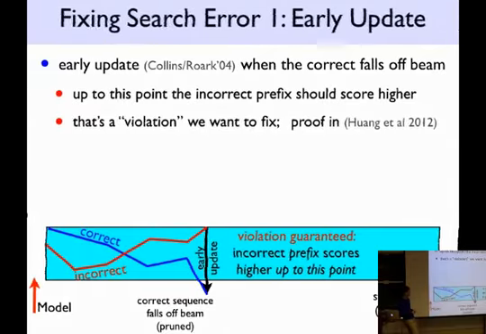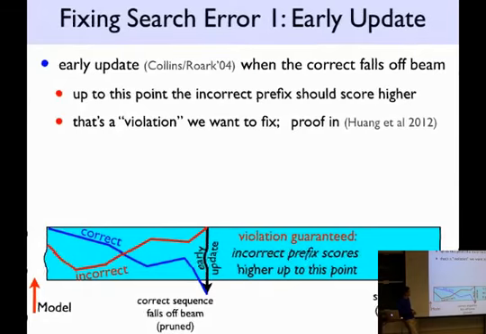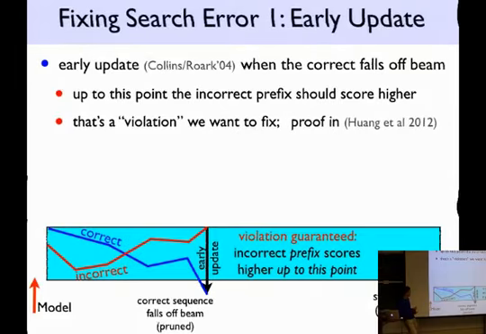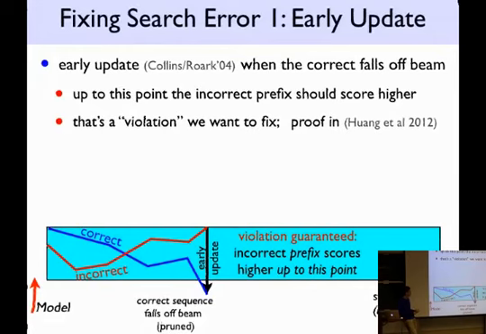What is a violation? Violation just means that the incorrect prefix, the red one, scores higher in your model than the correct prefix, which should not happen, right? If your model is good, then the blue guy should score higher than the red guy. So because you have a model error, there's a violation, and you should fix it here. Okay, so the violation is guaranteed if you do early update, right?